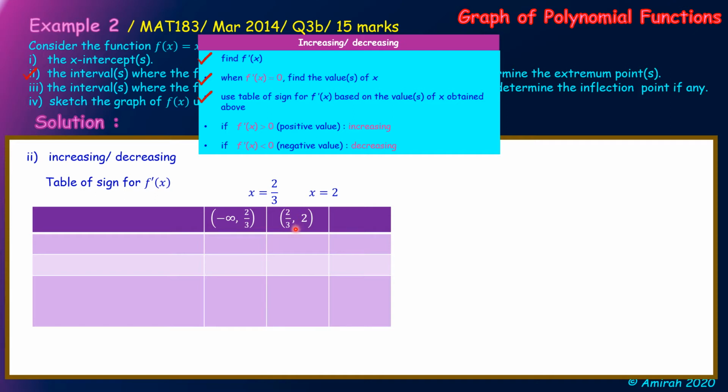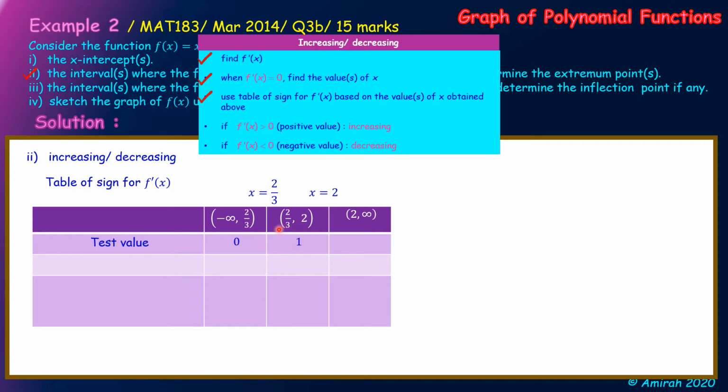This is not the coordinate, but this is between 2 over 3 and 2. For the right side of x equals 2, we can write the interval 2 to infinity. Then the test values: we can choose, let's say, 0, which is in the interval negative infinity to 2 over 3.